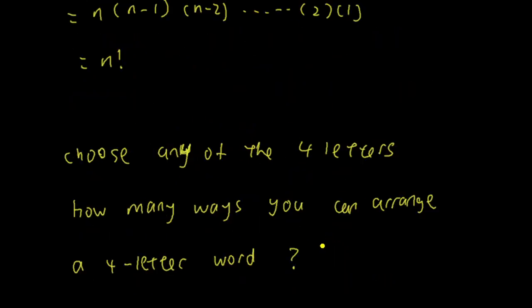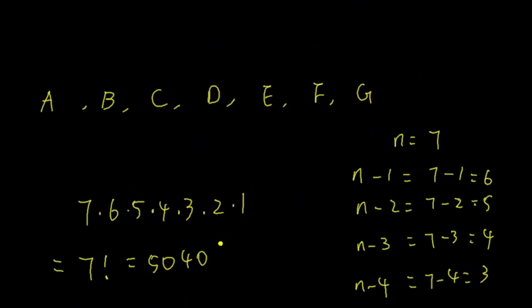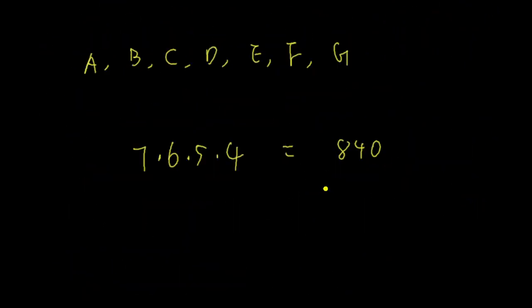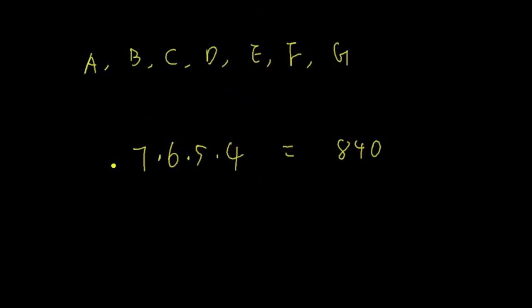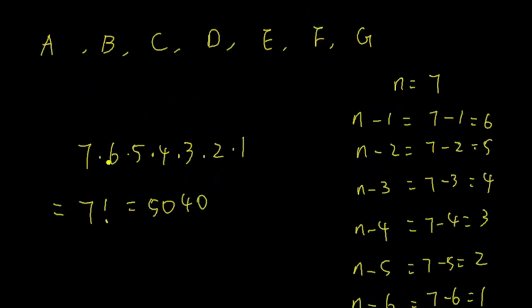That's a lot fewer ways than using 7 letters. Yes, that makes sense. Now, what is the difference between this one and this one here? I guess you can notice that it's missing this portion here.